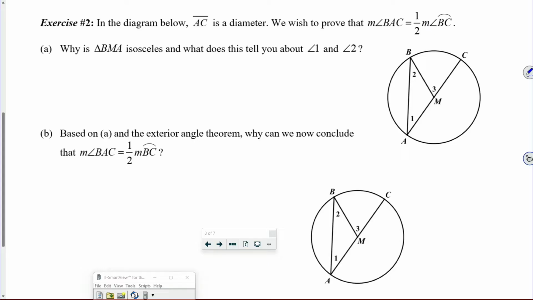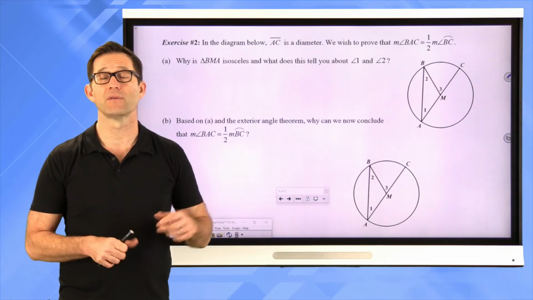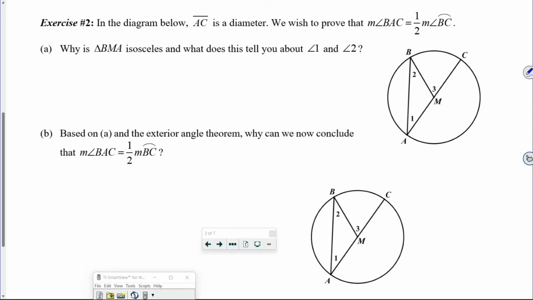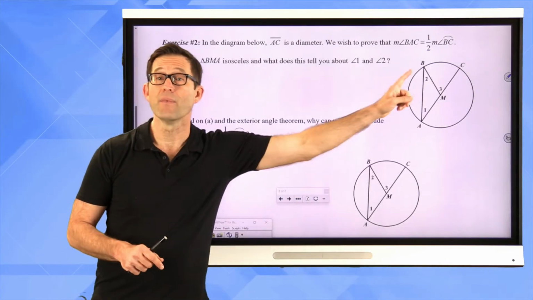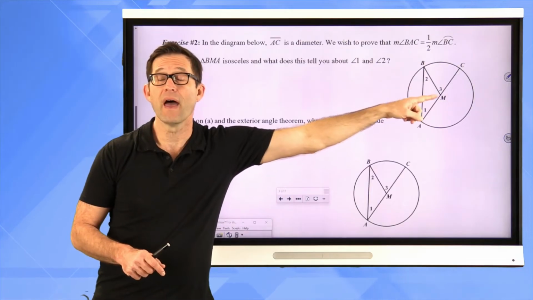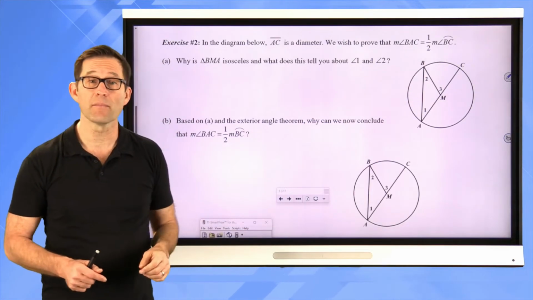Letter A. Why is triangle BMA isosceles? What does it tell you about angle 1 and angle 2? Well, pause the video now and see if you can answer letter A. Well, it's isosceles because MB and MA are both radii and so must be the same length.